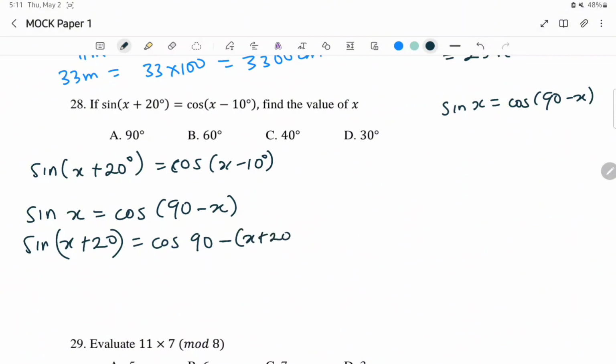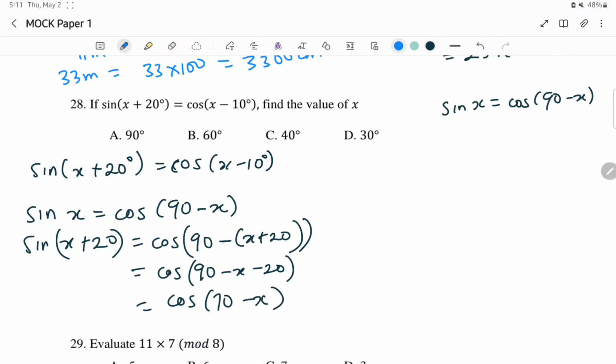X plus 20. So that's going to be cos(90 - x - 20). And 90 minus 20 is 70. That's cos(70 - x).